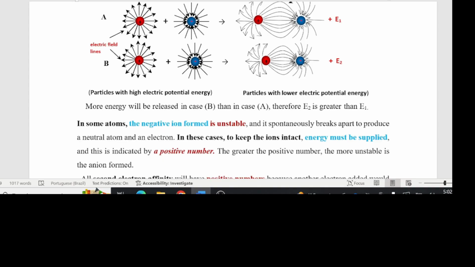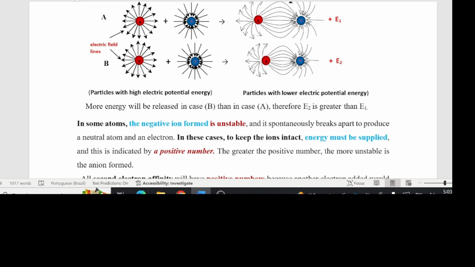Okay? Now let's see what is happening here. In some atoms, the negative ion form is unstable and it spontaneously breaks apart to produce a neutral atom and an electron. So in some cases, if you add an electron to the atom, it will break apart spontaneously to release back the electron and produce a neutral atom. In these cases, to keep the ion intact, energy must be supplied, and this is indicated by a positive number.